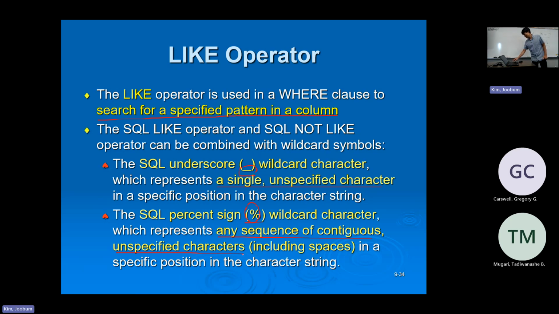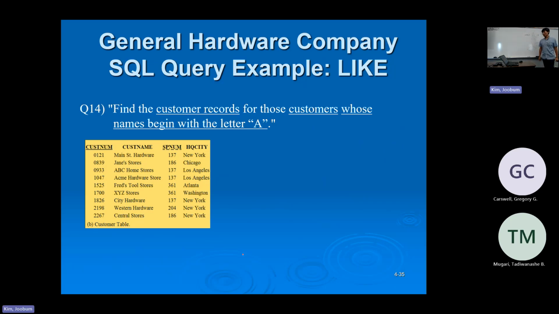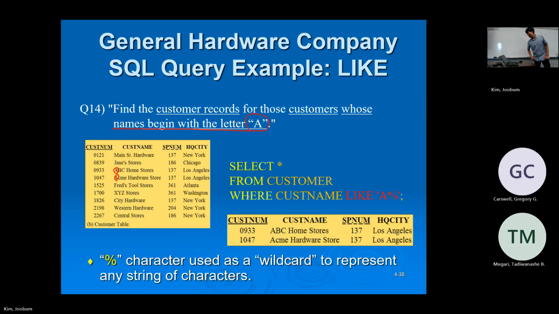So what does that mean? I'd like to find the customer records for customers whose names begin with the uppercase letter A. Customer names beginning with uppercase A are here and here. One, two, yeah, just two. So in order to print customer names that begin with letter A, we can write a statement like this.